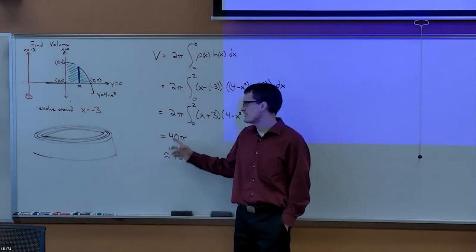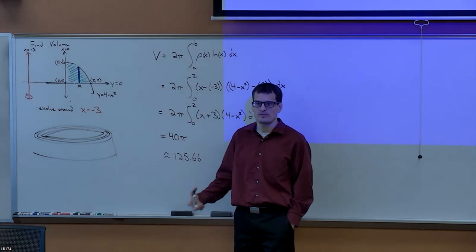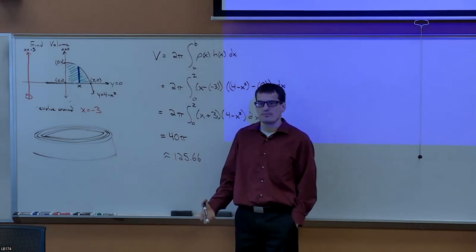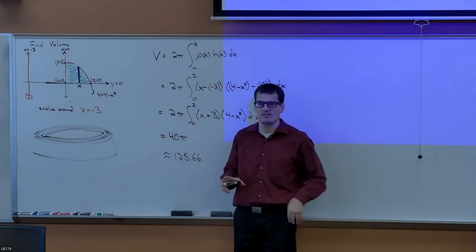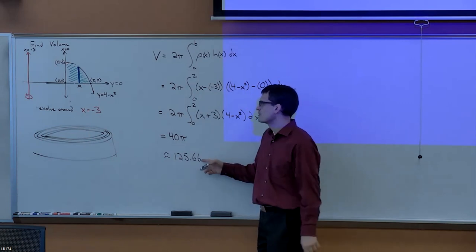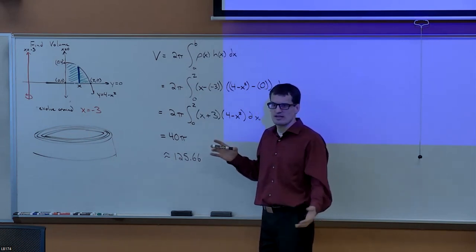By the way, does it make sense that this value is larger than my previous example? My previous example, I rotated around the x-axis. This one, I rotated around x equals -3. So the radius got a lot bigger.